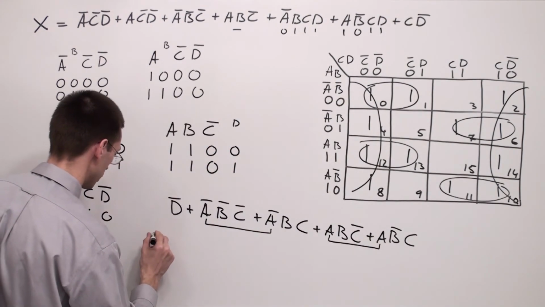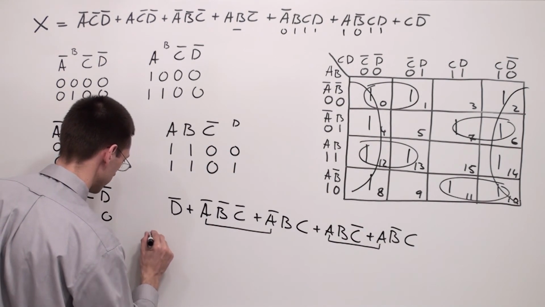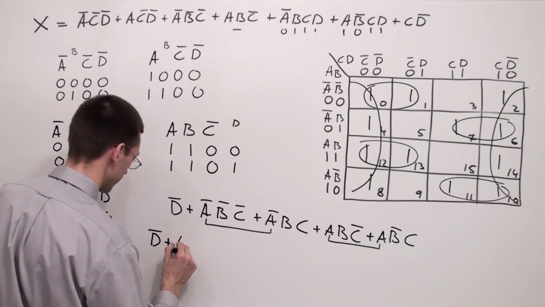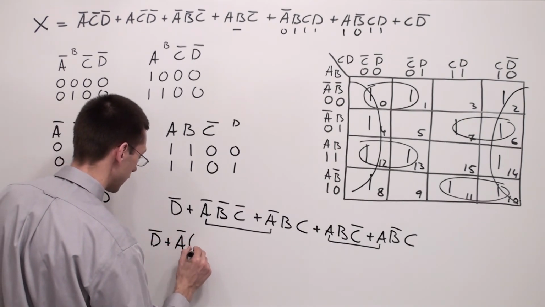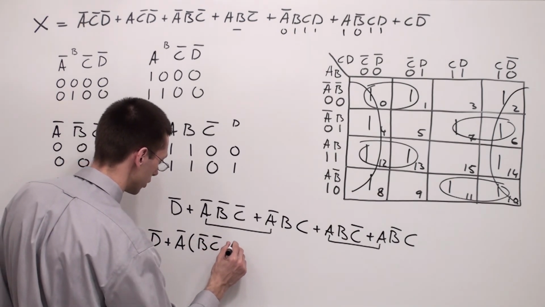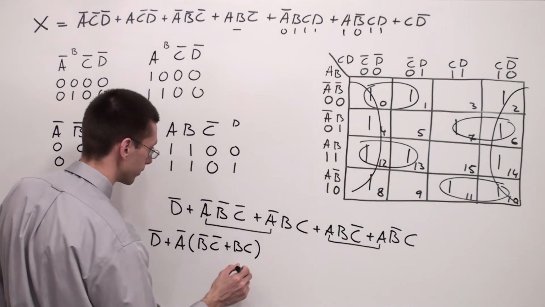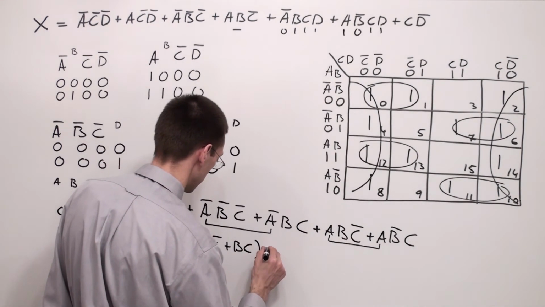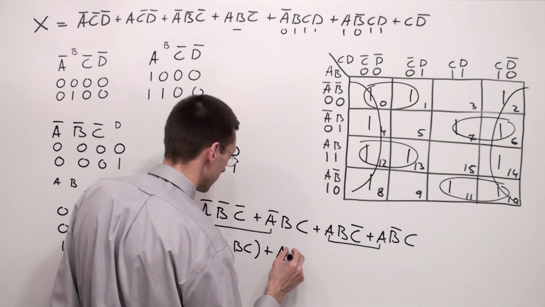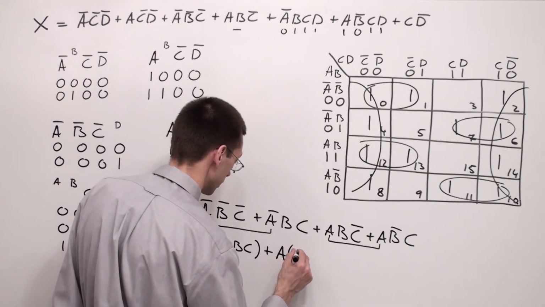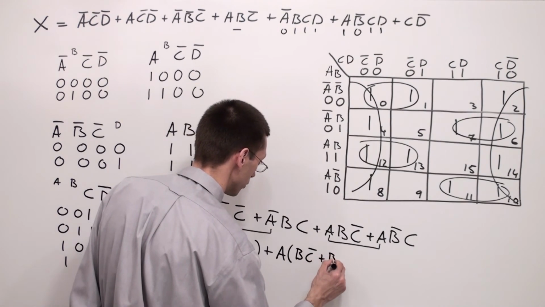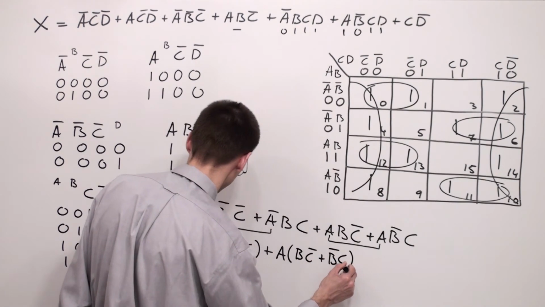Let's take a look what I'm going to have. I'm going to have D naught, I have to copy down D naught, or A naught, and I have B naught, C naught, or BC. Or I have A, and this is B, C naught, or B naught, C.